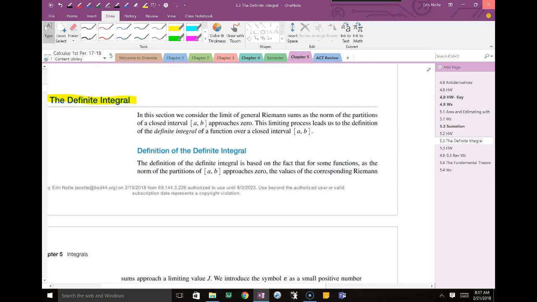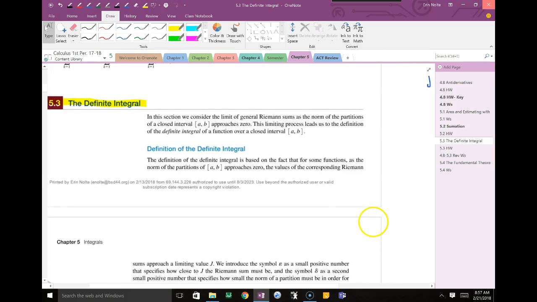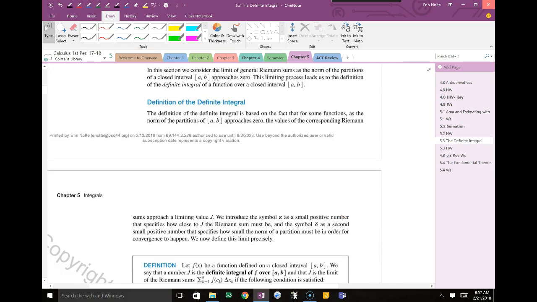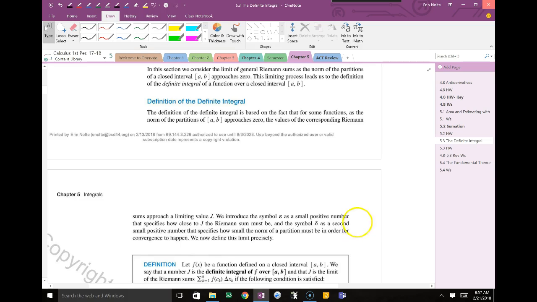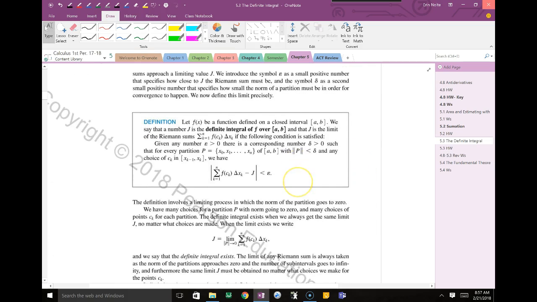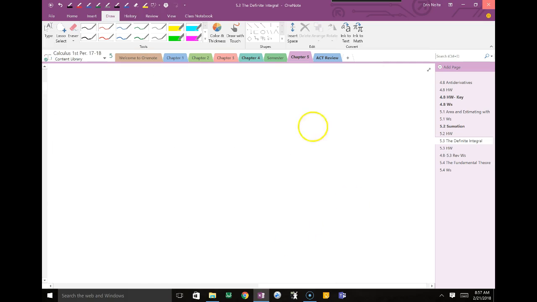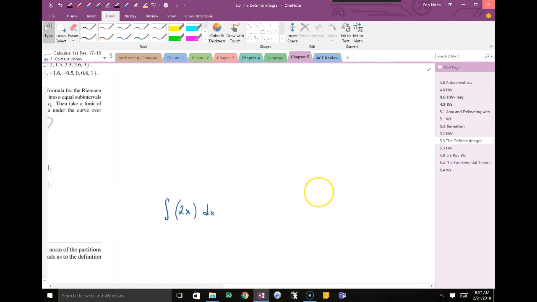The cool thing about this, and I'm not going to go into a ton of detail, is that I'm just going to go through this quickly. Do you remember how we were talking about the area underneath the curve, and we were using the Riemann sum?